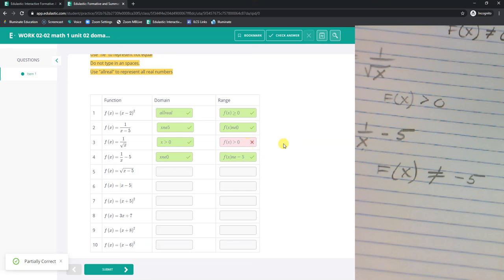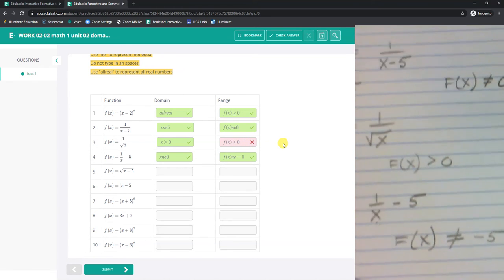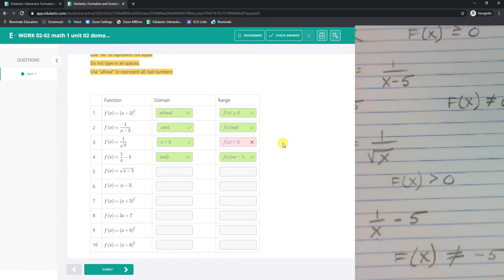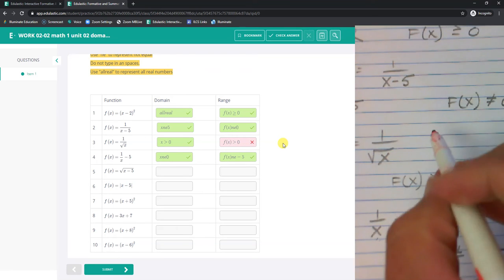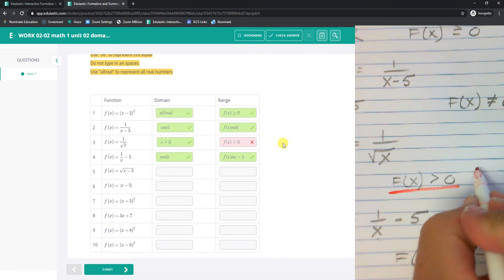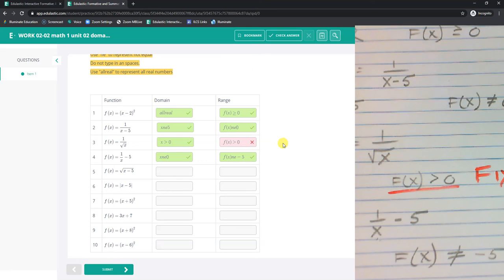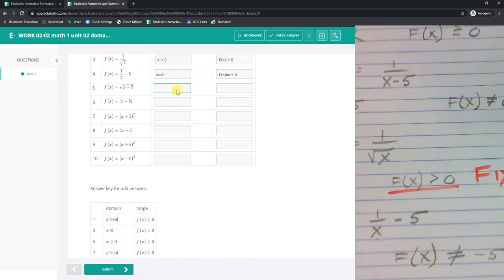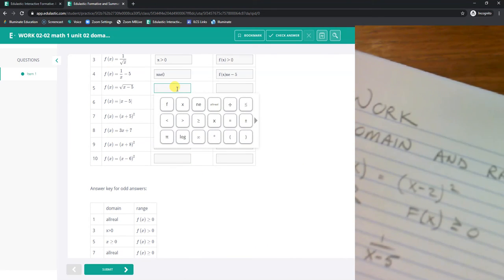Okay, I'll have to figure out why it's messing that one up. I'll go check it later. Remember, I just have to get a 75 on this, so I'll be okay. Number 5.